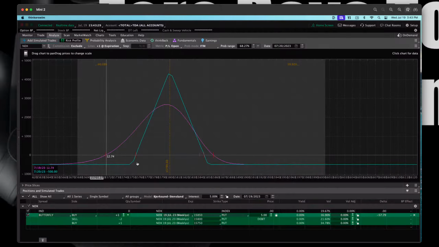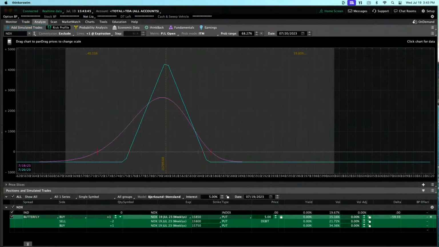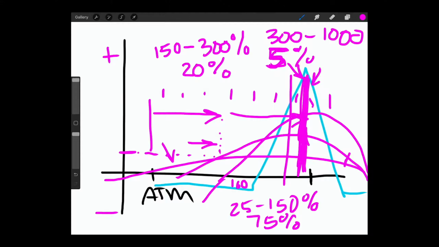So that two-dimensional framework is what we use to manage our trade. And it goes something like this. So you're going to get some first-class education here on how to manage a fly. This is how we look at it.